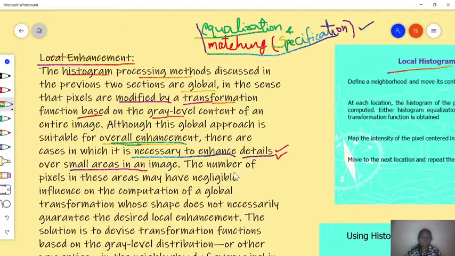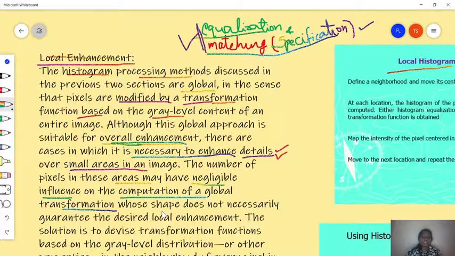Here, we have a number of pixels in the areas, and some areas of pixels are negligible. Those negligible pixels within the area of the image are giving negligible influence on the computation of the global transformation.